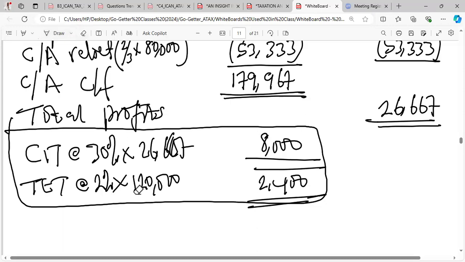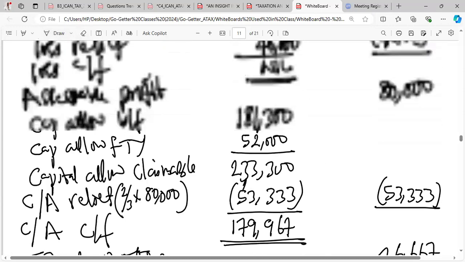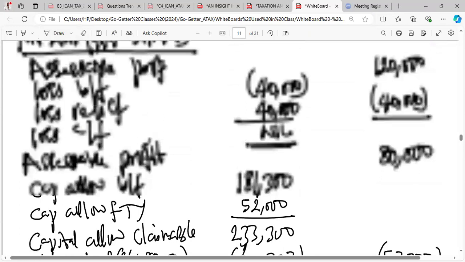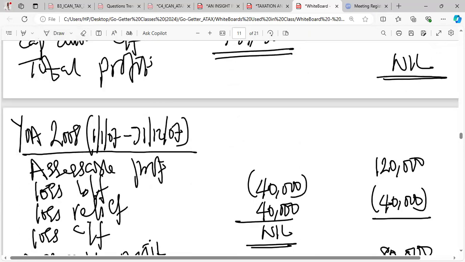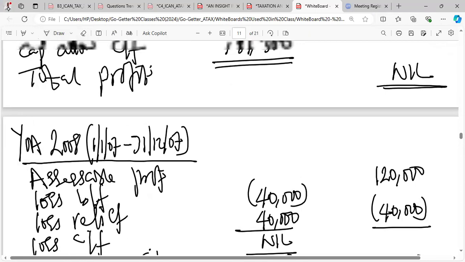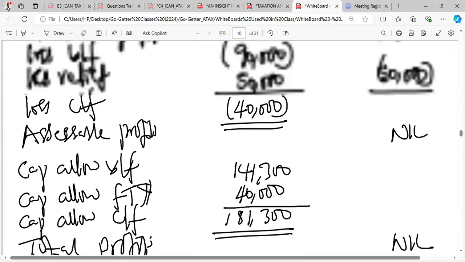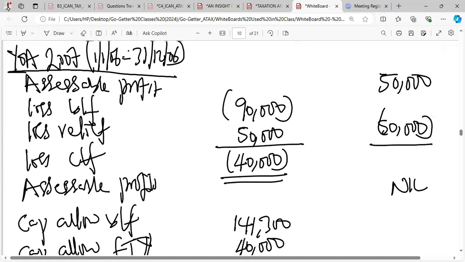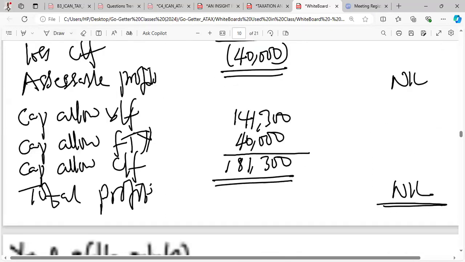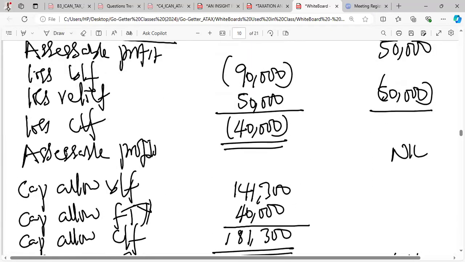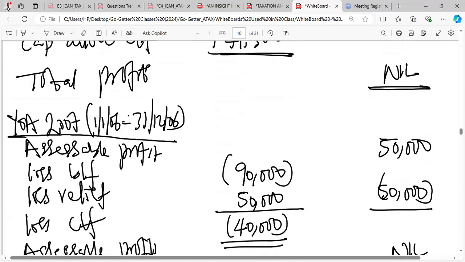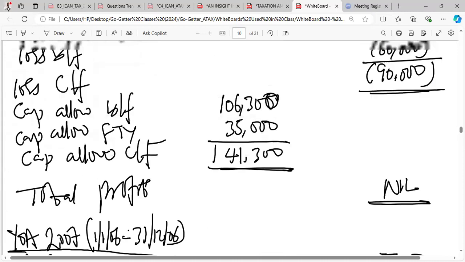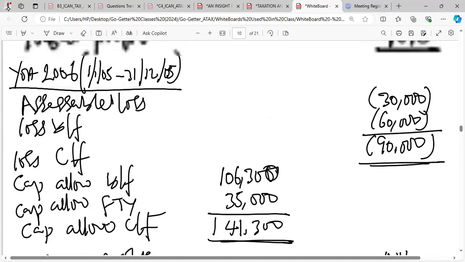So you see here, this first assessable profit you have is what we will charge our education tax to. The same thing comes here. Even though we have a nil profit here, our CIT will be 0, but our education tax will be 2% of 50,000. The same thing here.